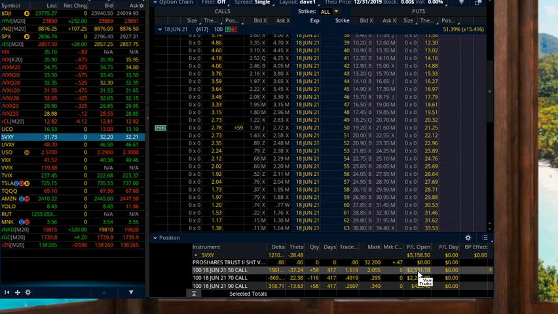I don't think that's true. The position shows long 1,200 delta, so that should mean if this is up $1, we make $1,200. And it wasn't even up $1, and it showed us making $5,000. So this is not real. Probably right on the open, it will come back down, and it'll show us being down $5,000 on the position.